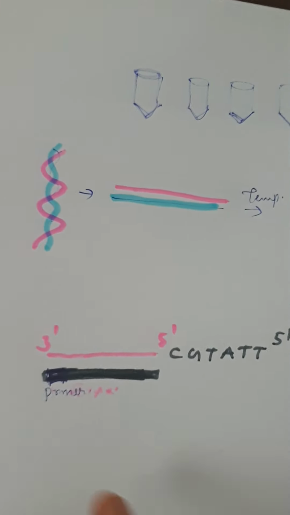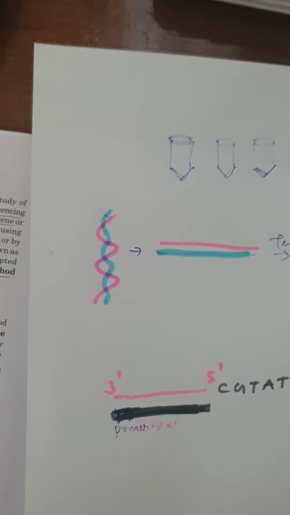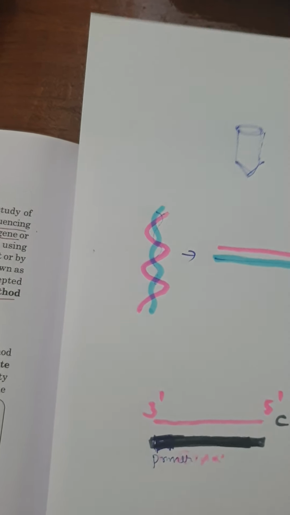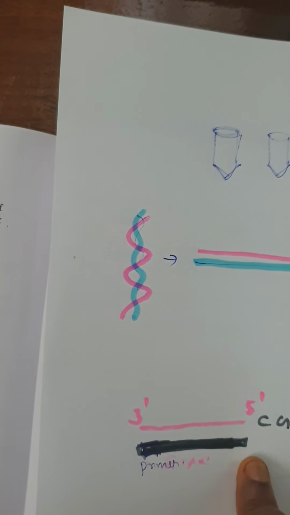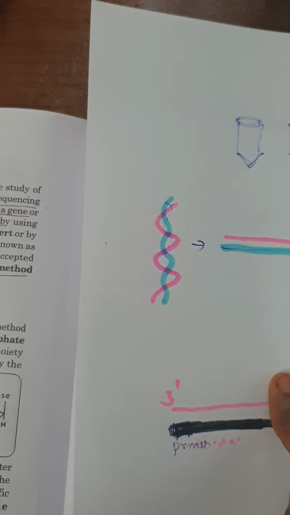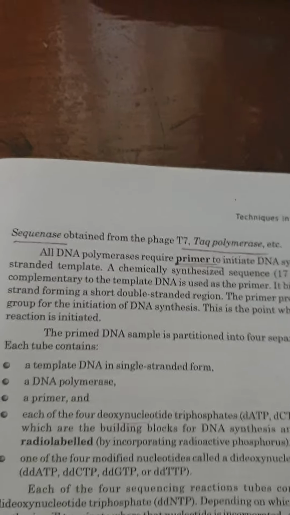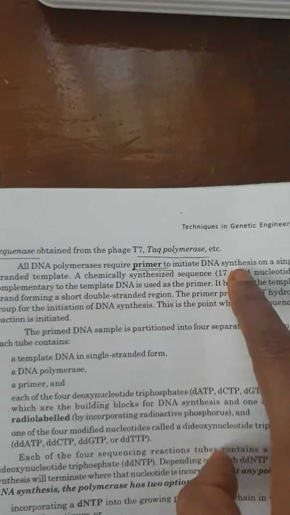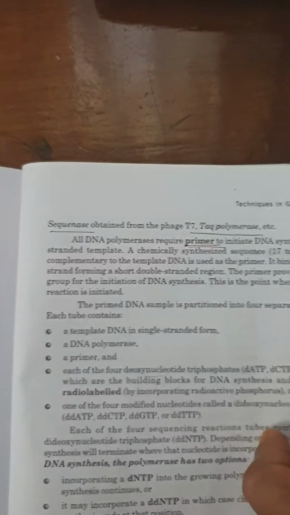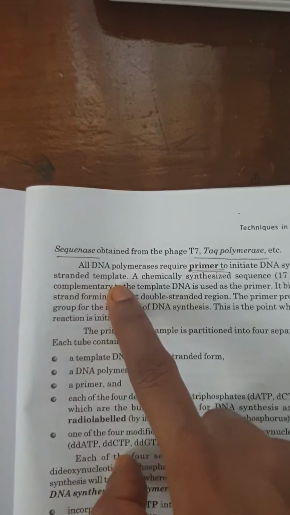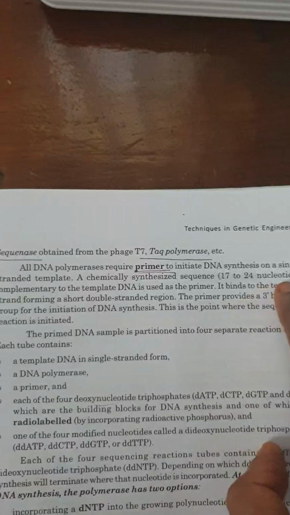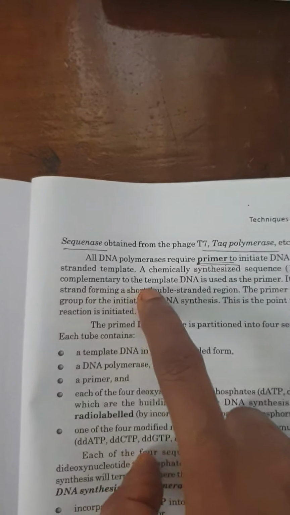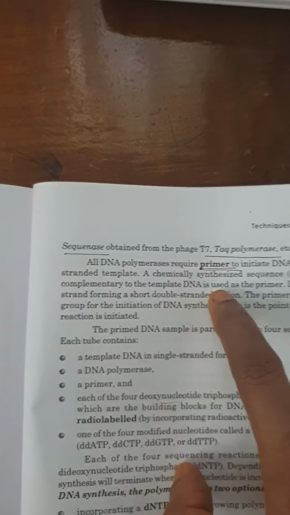Primers are chemically synthesized and complementary to the template strand. So we require a primer to initiate DNA synthesis on a single stranded template. These are chemically synthesized sequences, about 17 to 24 nucleotides, complementary to the template strand.